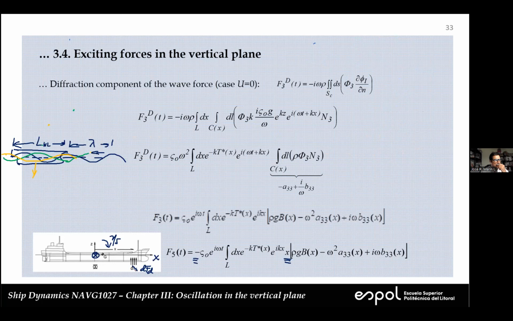It's about the force F3 and F5 that you have determined. In the solution, is the transversal section constant or variable? Okay.